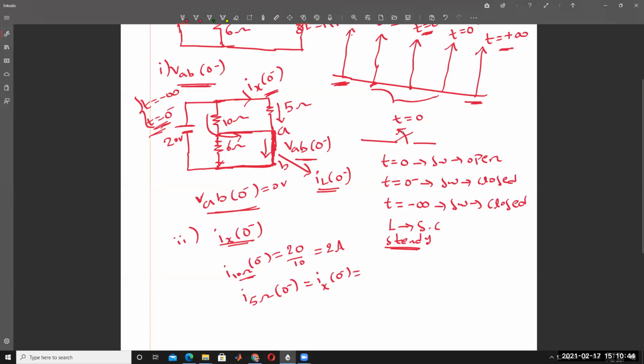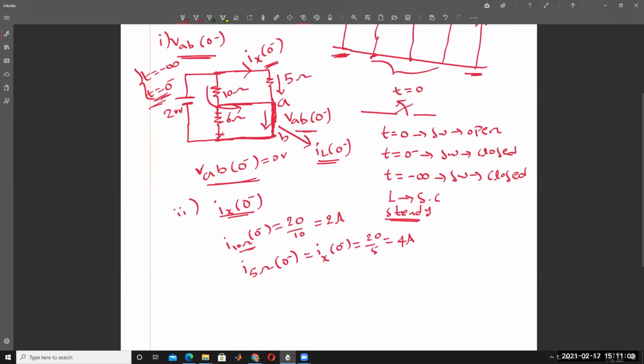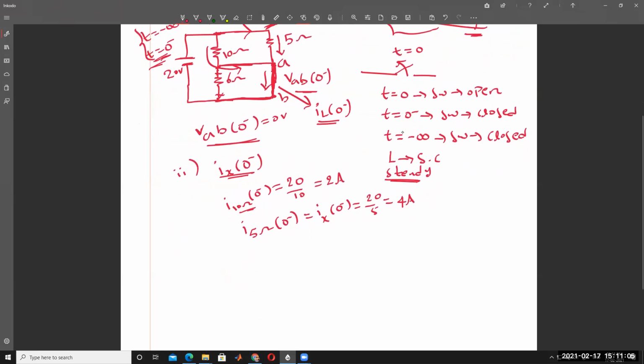That is equal to 4 amps. It's clear. This is the current flowing through the 5 ohm resistor, Ix of 0 minus. And then what is the current here? IL of 0 minus. The addition of this current and this current is IL of 0 minus. Understood?